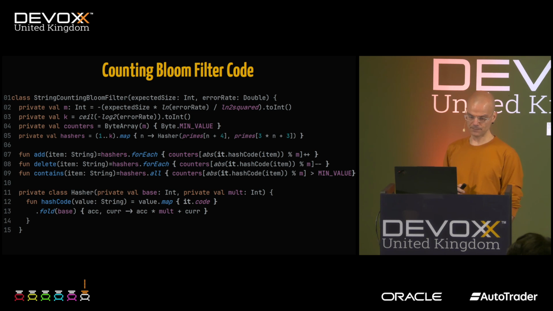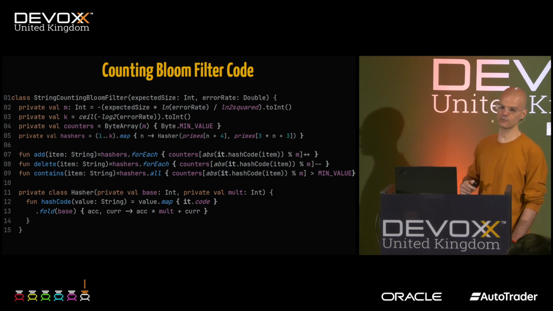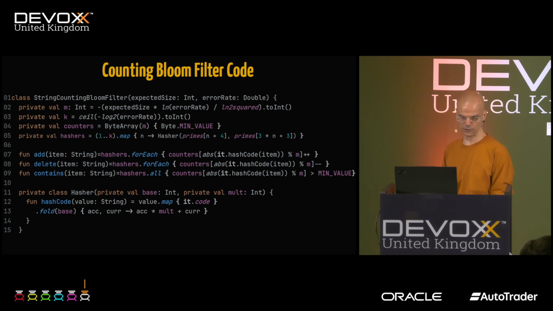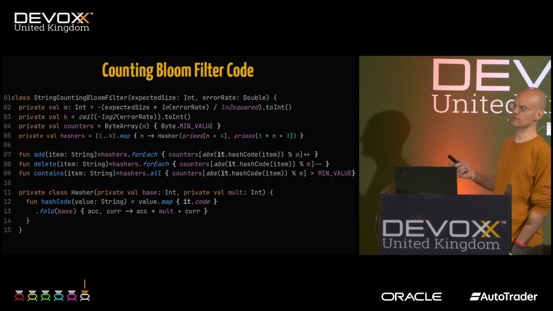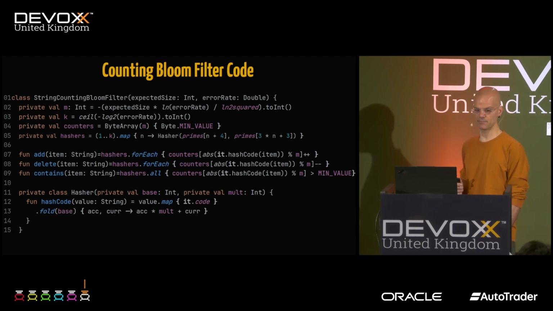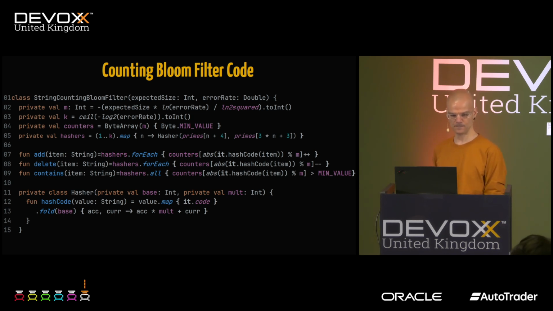Since the Kotlin data type byte is a signed byte, it also allows negative values, and so you can see at line 4, I just initialize the array with the minimum value, which is minus 127, and then I check in line 9 that the value is greater than the minimum value of the byte data type. While in the examples I showed 0, 1, 2, in this case, it will start from lesser values.